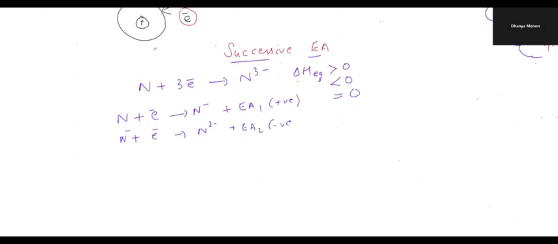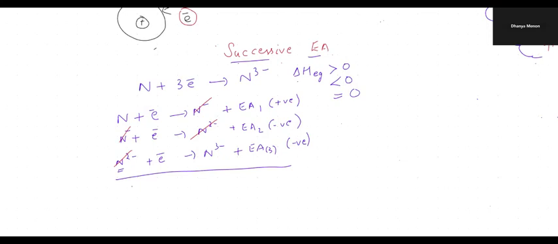Then N2 minus will gain another electron to give you N3 minus, with EA3, which will definitely be negative, because adding an electron to a 2 minus ion is very difficult. Now, when you take a sum of this, you can cancel a lot of terms. So you have nitrogen plus 3 electrons giving you N3 minus.